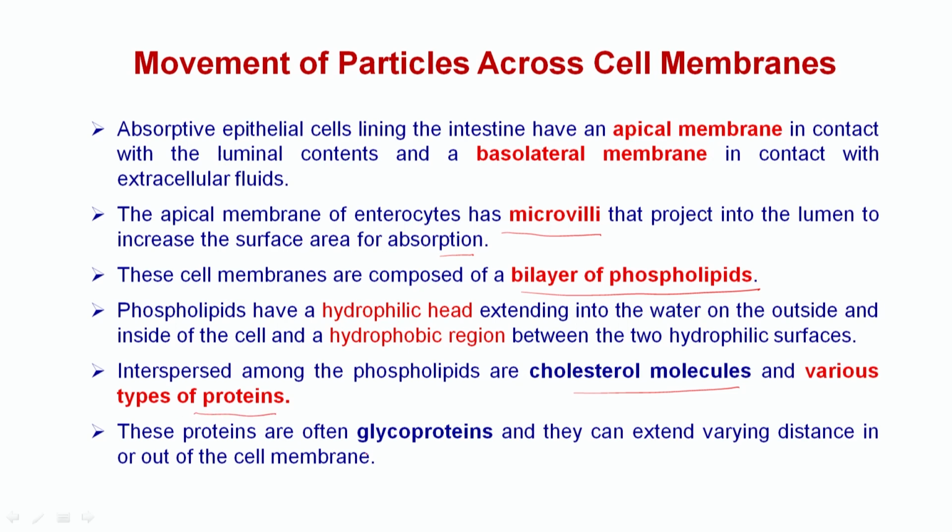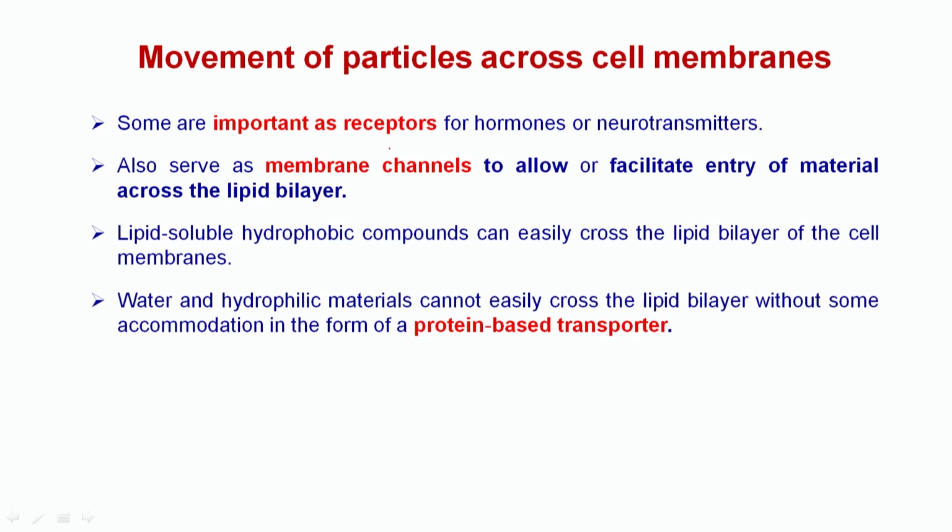These proteins are often glycoproteins and they can extend varying distances in or out of the cell membrane. Some are important as receptors for the hormones or neurotransmitters, and also serve as a membrane channel to allow or facilitate the entry of the material across the lipid bilayer.